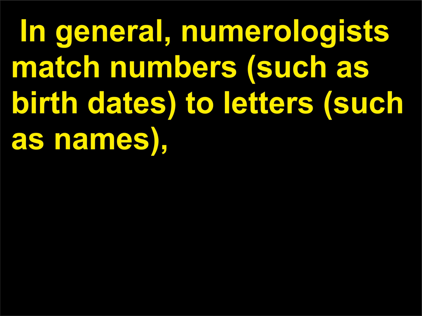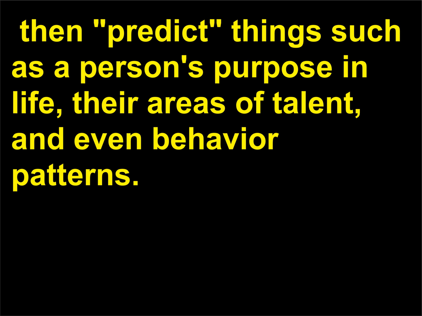In general, numerologists match numbers, such as birth dates, to letters, such as names. Then they predict things such as a person's purpose in life, their areas of talent, and even behavior patterns.